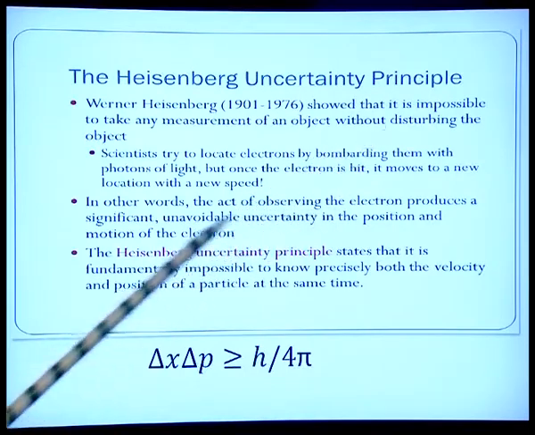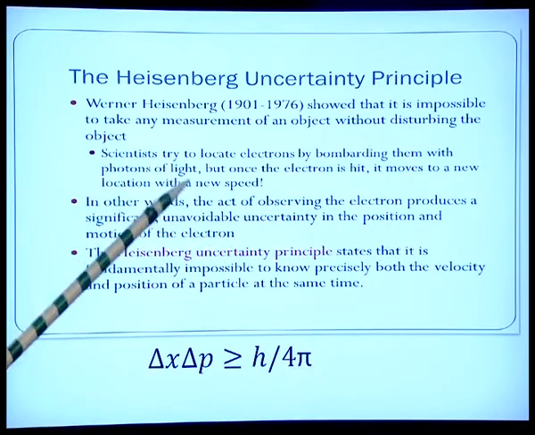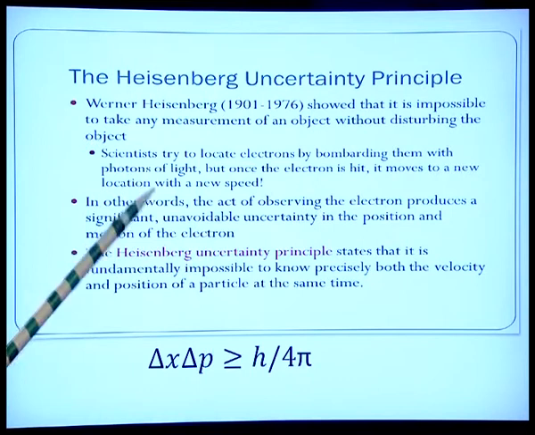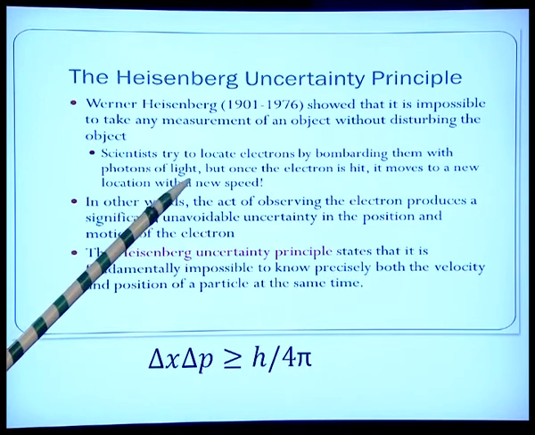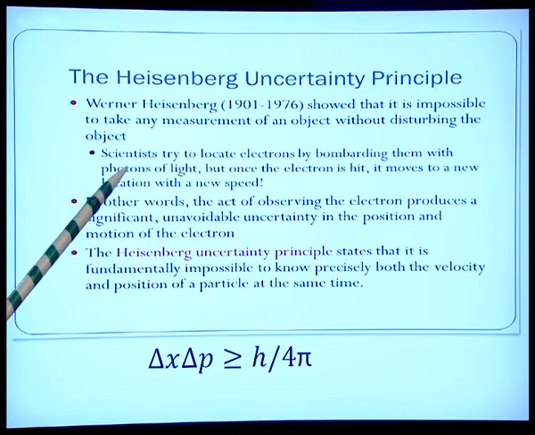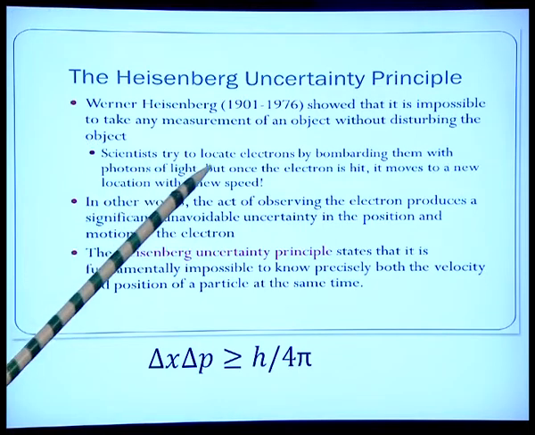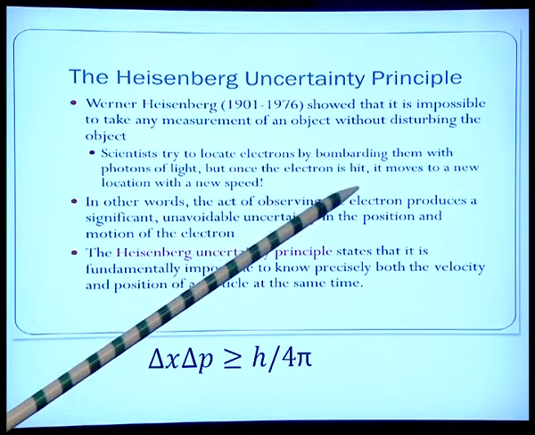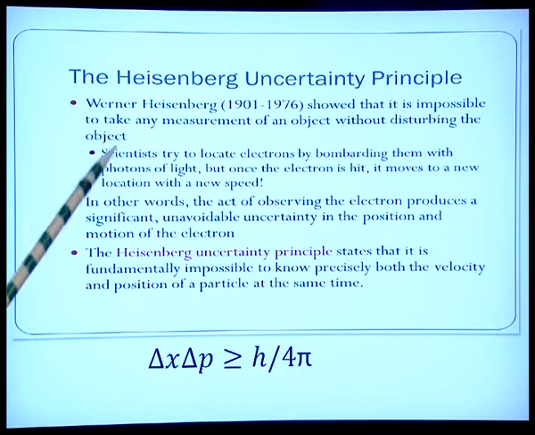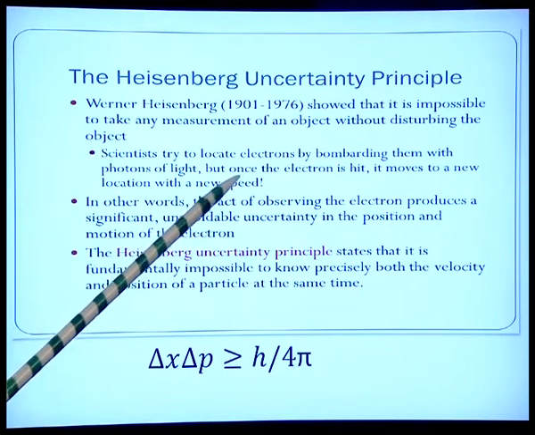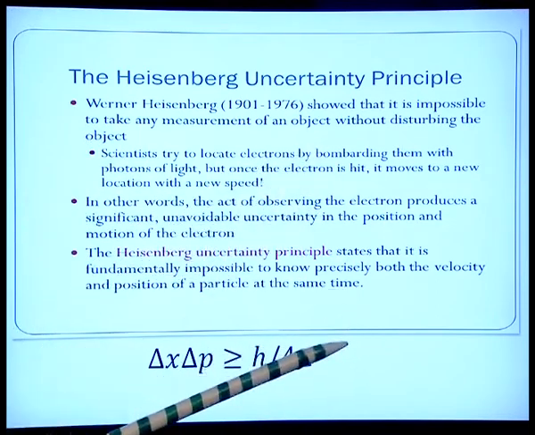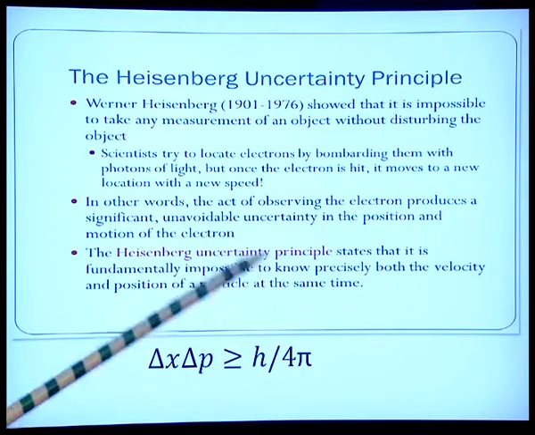The uncertainty principle showed that it is impossible to take any measurement of an object without disturbing the object. He tried to locate an electron by bombarding it with photons of light. But once the electron is hit, it moves to a new location with a new speed.